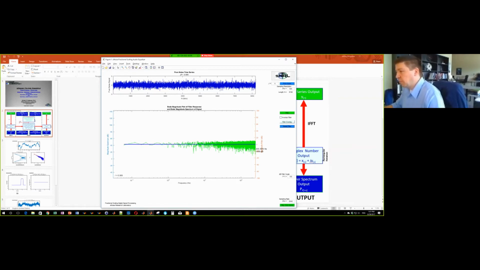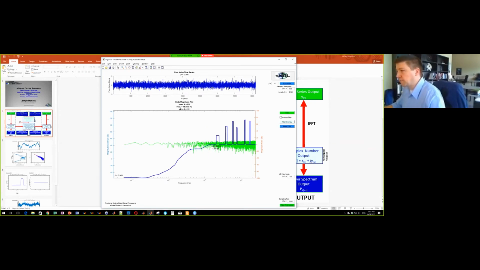So with this, we could also create a series with multiple harmonics. So if we were synthesizing music or some sort of notes of a musical instrument, or trying to synthesize speech, you could do that.